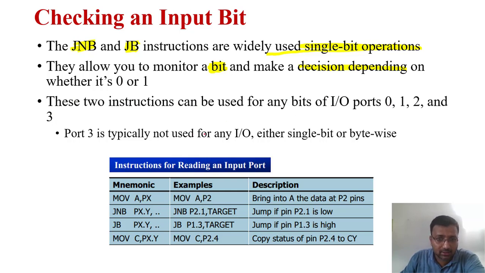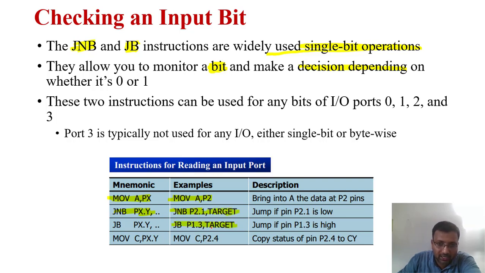Port 3 is typically not used for IOs, either single bit or byte wise, but you can use these instructions: MOV A, Px, where Px is the port value, that is MOV A, P2. Then JNB Px.y, where x is your port and y is your bit. So JNB P2.1, target: if there is no bit on P2.1, it jumps to the target.